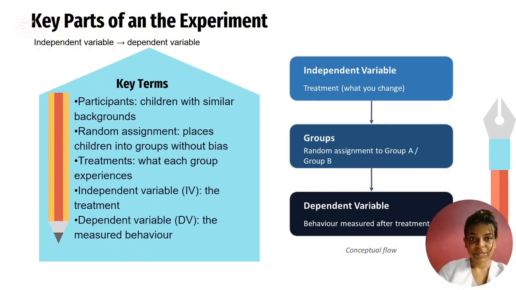Now the key parts of an experiment. First of all, we have the participants, and this can be the classroom, a group of grade 8 or grade 9 students, and they have a similar background.